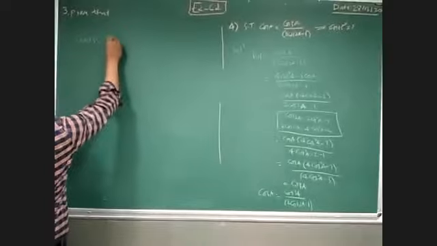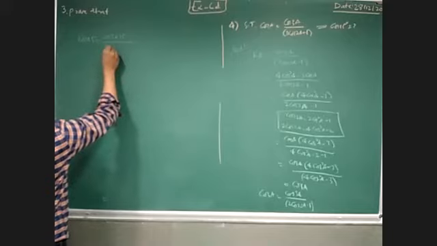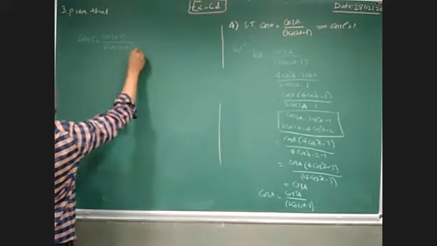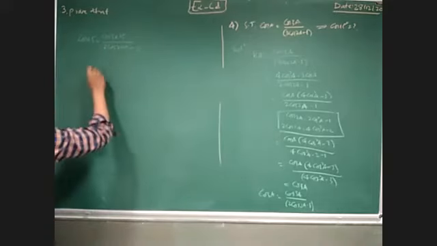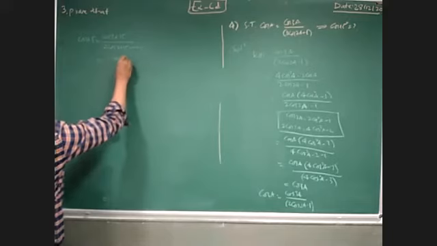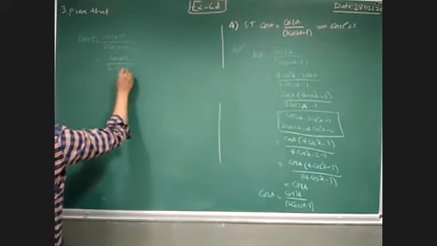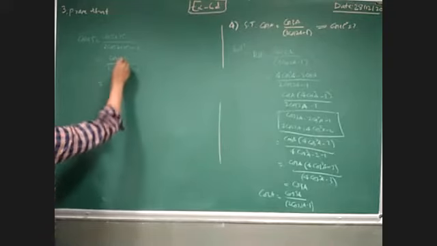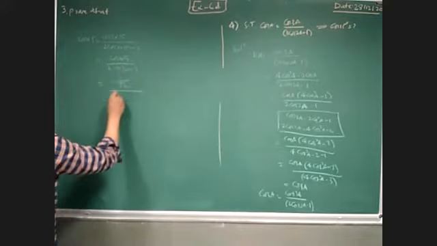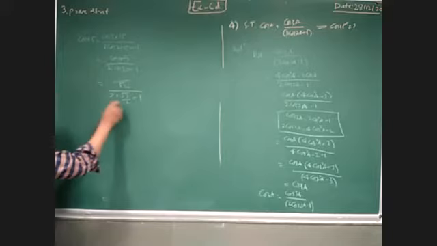So cos 3 into 15 and 2 cos 2 into 15 minus 1. Okay, now 3 times 15 is 45, so here I will have cos 45, and 2 times 15 is 30, so cos 30 minus 1. I know cos 45 is nothing but 1 by root 2 and cos 30 is nothing but root 3 by 2. Minus 1, and these 2 will get cancelled.